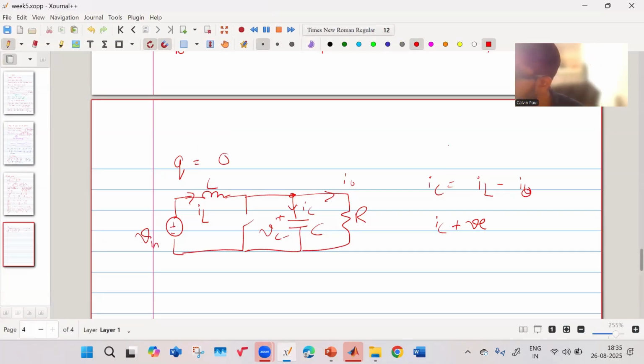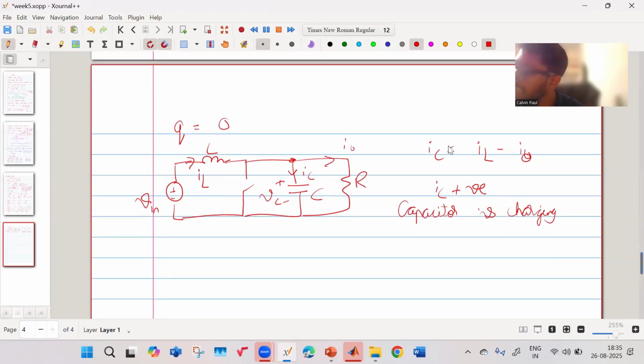The capacitor is charging. Yes, so your capacitor is charging. Now, what about the inductor current? Is it charging or discharging? What do you think?